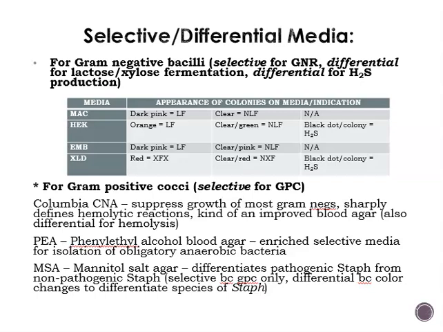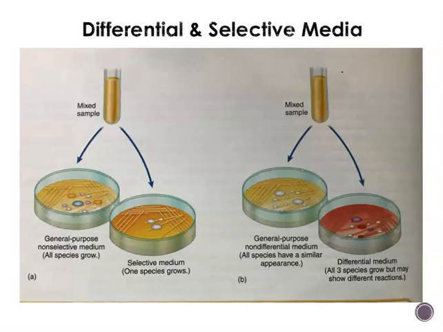And again, this happens with sugar utilization, mannitol being the sugar in this plate. And again, you've got that color change that occurs when the organism utilizes the sugar. Here's just a visual representation of what's happening when you've got selective and differential media. So you start with a mixed sample.